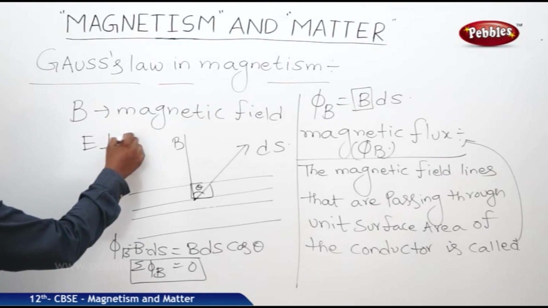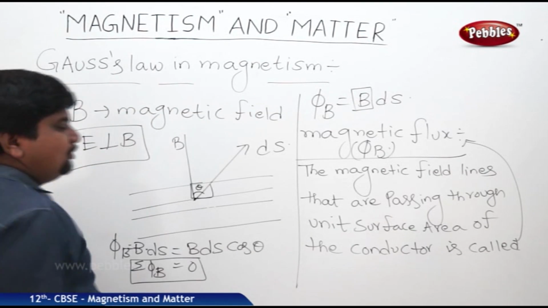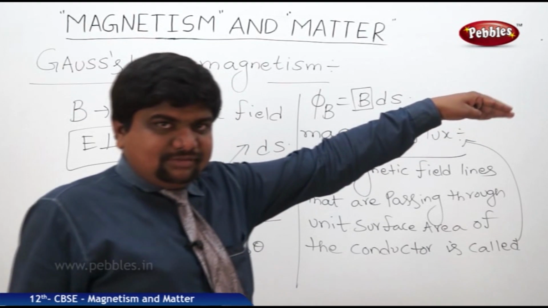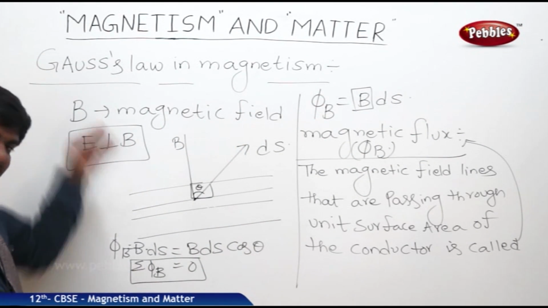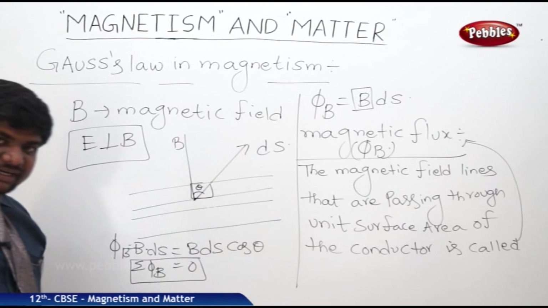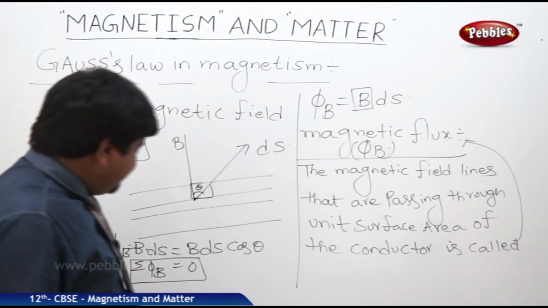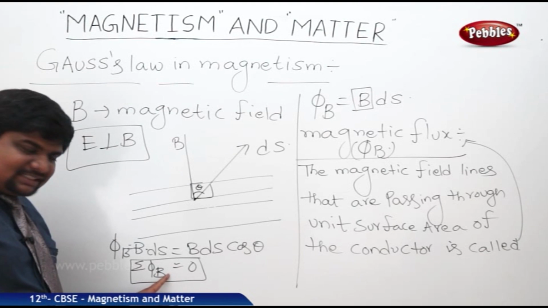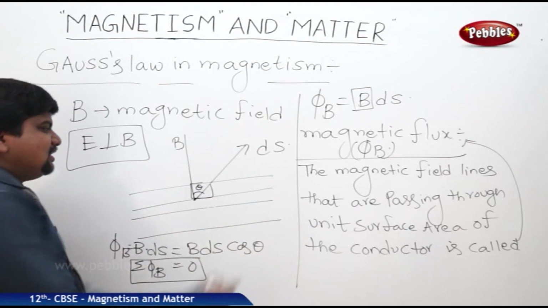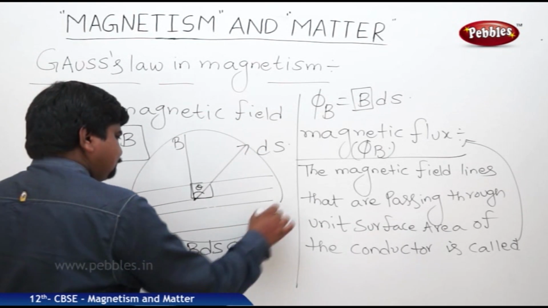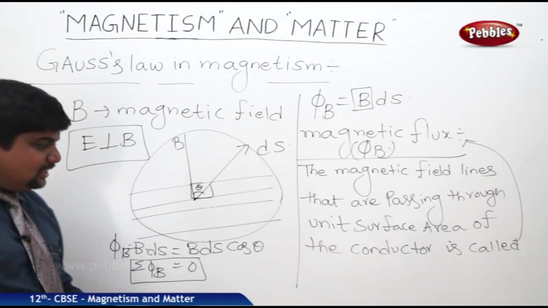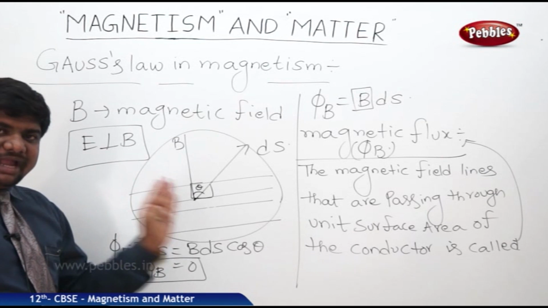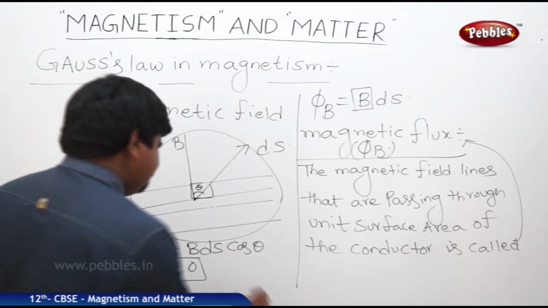Where electric field lines are parallel to the plane, cos 0 is 1. But magnetic field lines are perpendicular to the plane with respect to the propagation of electric field lines. That's why the summation over magnetic flux is 0 throughout a surface area. With this concept, Mr. Gauss proved that monopoles in magnetism do not exist.